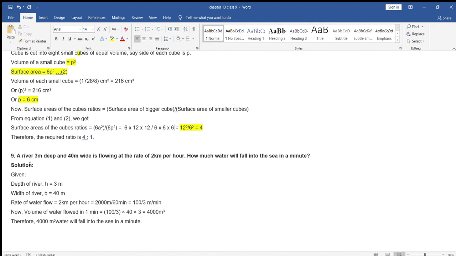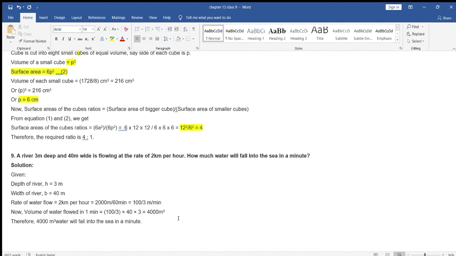So how can you find the volume for 1 minute? The distance covered can be assumed as the length. Then this one and that one, all the things, so here we will find it as 4000 meter cube. Depth is known to us, width is known to us, and the third thing is the length.